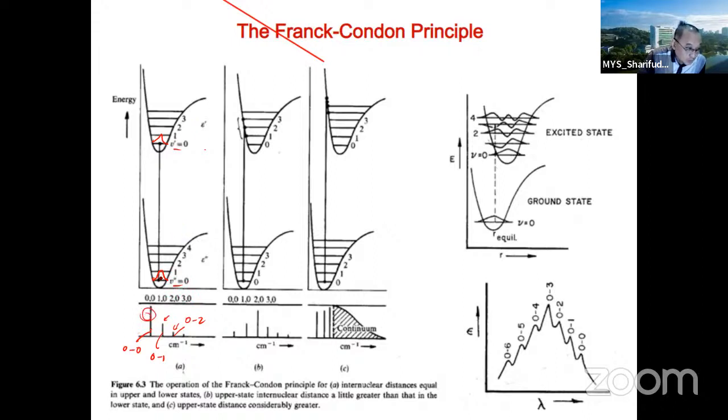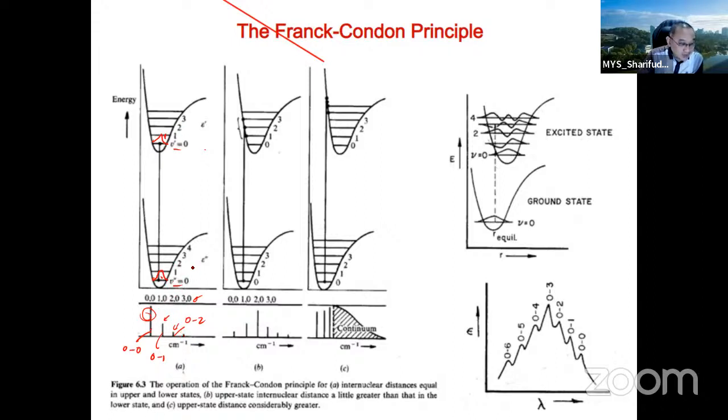But for 0 to 1 up here, the overlap is a bit less, so the intensity is less. Until you go up to 0, 3, the overlap between the wave function at 0 in the ground state and the wave function at 3 in the excited state is very much less. So you will see that it is small intensity.